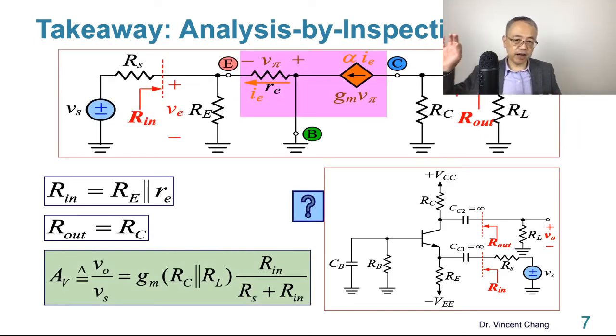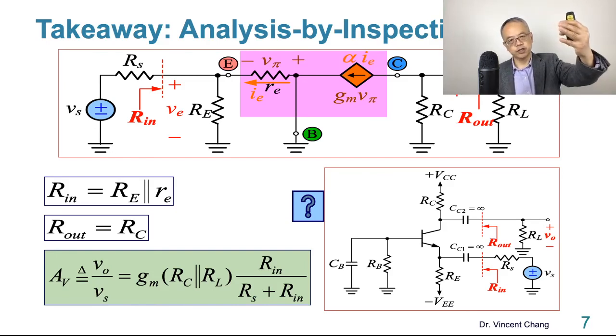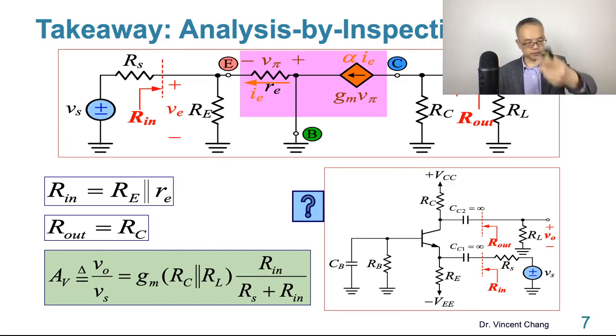If you have any doubt on these three, the input resistance, output resistance, or small signal voltage gain, then in the next lecture, we're going to start from the top, the small signal equivalent circuit, and go from there. Once we find the small signal equivalent circuit, I will try to solve these three parameters again.